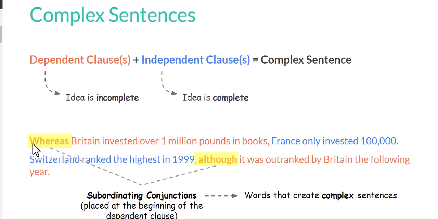If we were to say just "whereas Britain invested," as you can see on my screen, it's an incomplete idea, because the word "whereas" means I am going to add a long sentence with a long idea.